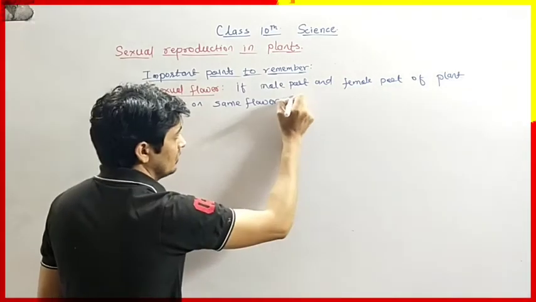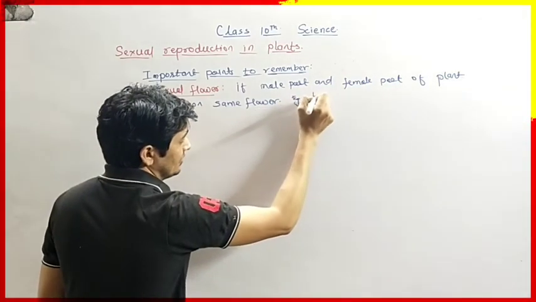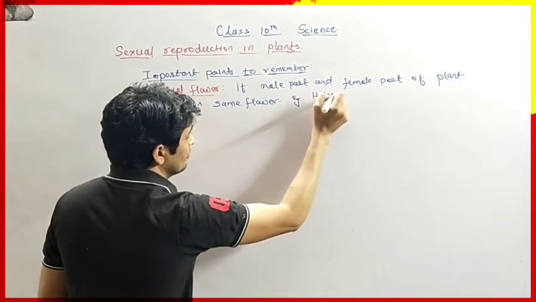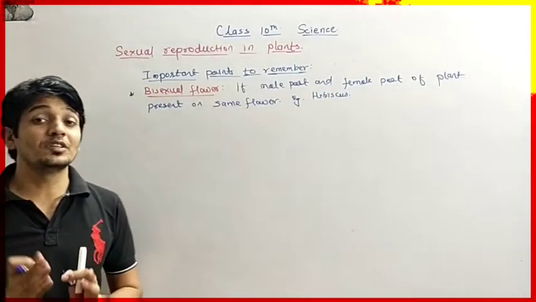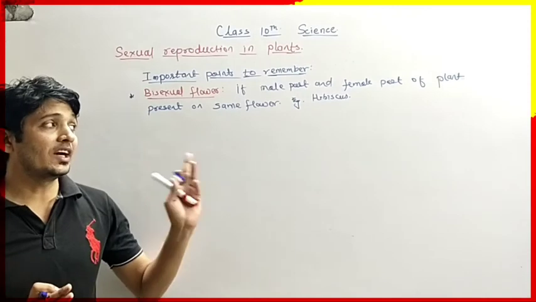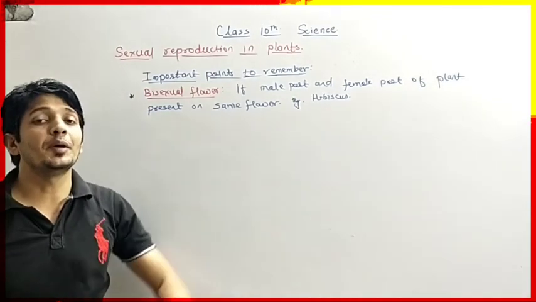Example, hibiscus, जिसको हम गुड़हल का पेड़ ही बोलते हैं या जसवंत का पेड़ बोलते हैं जनरली. So that flower is nothing but the hibiscus.